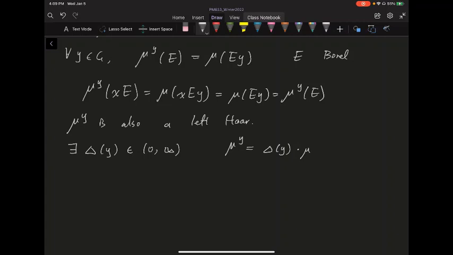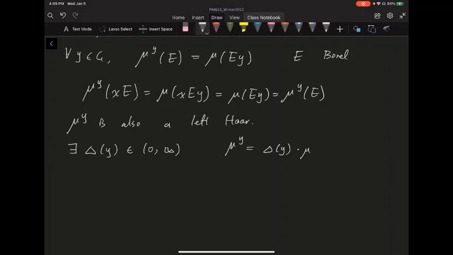That's from the uniqueness. And as you can see, this delta of y we just defined doesn't really depend on mu at all. Any left Haar measure is a multiple of mu, and you do the same trick, right translate by y, and you get the same delta y in the end.